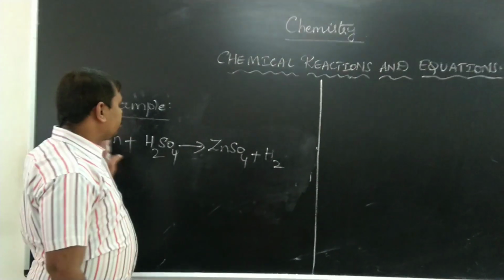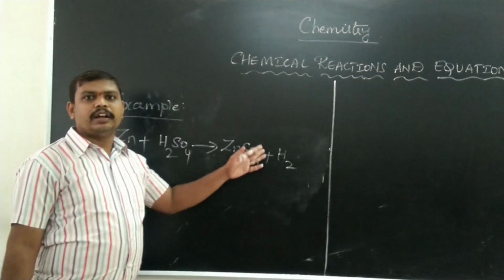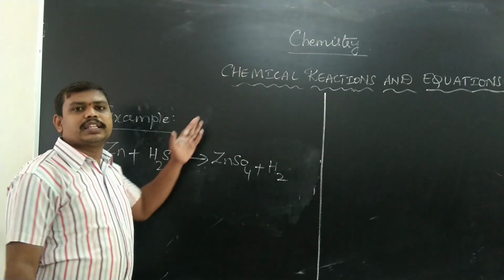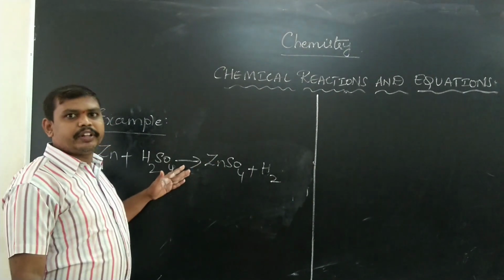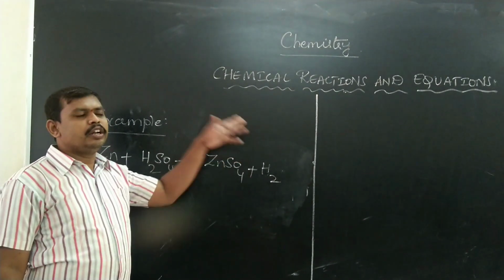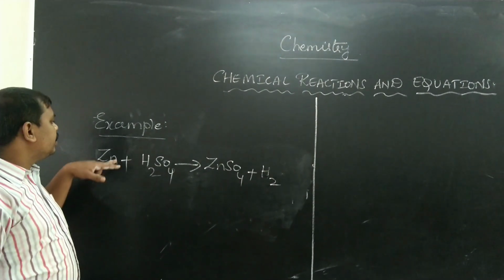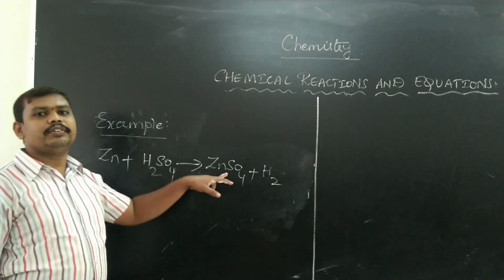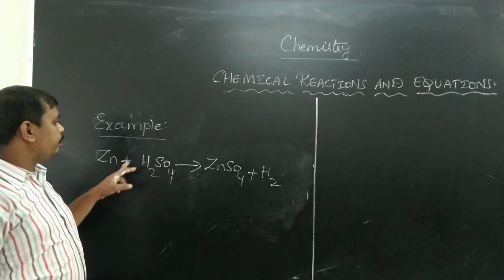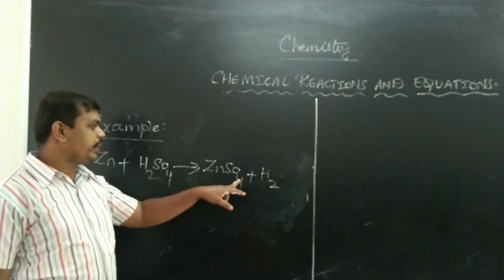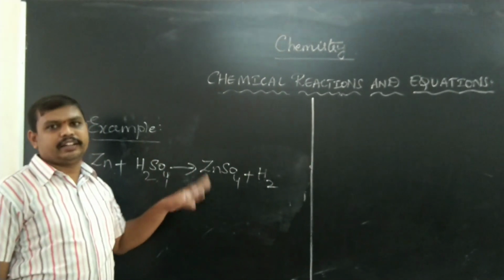At last we can conclude that the total reaction gives us a chemical equation, represented in this form with both the reactants and the products. So what is the reaction taking place here, and between which substances? Zinc plus sulfuric acid will give rise to zinc sulfate plus hydrogen. That is, Zn plus H2SO4 will give rise to zinc sulfate, ZnSO4, plus H2. This is called a chemical equation.